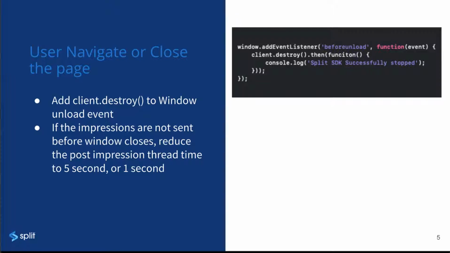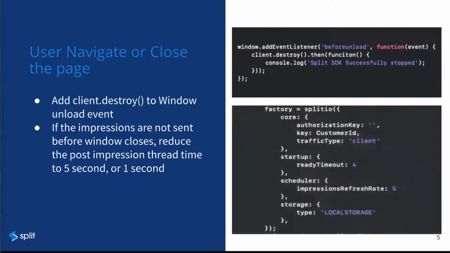Now, there is one drawback here: we cannot guarantee that the client destroy will actually send the impressions successfully before the unload event finishes and kills the whole page, because we don't have a way to control when we actually do the unload.